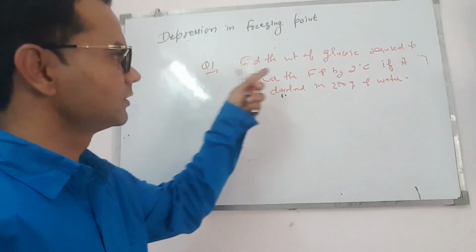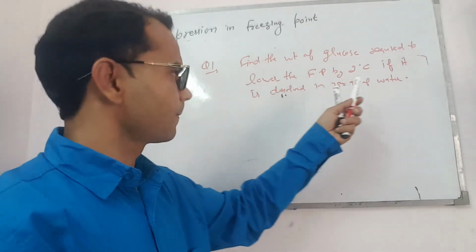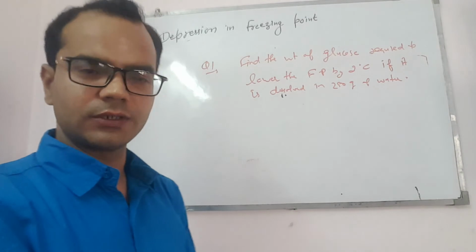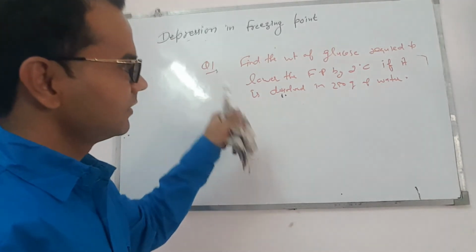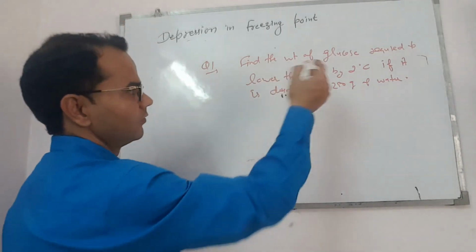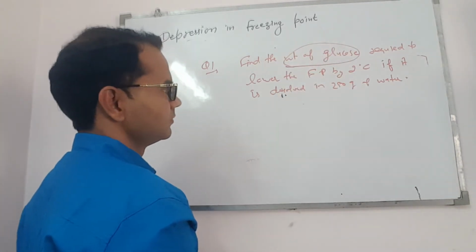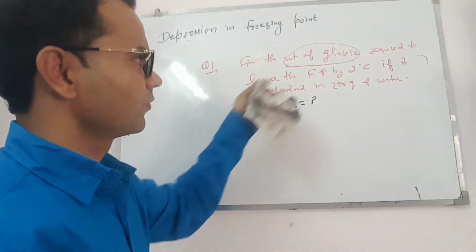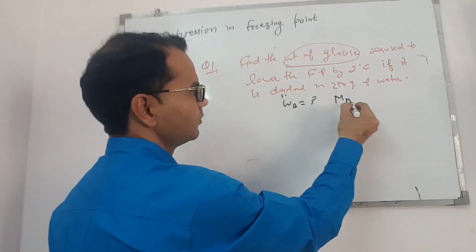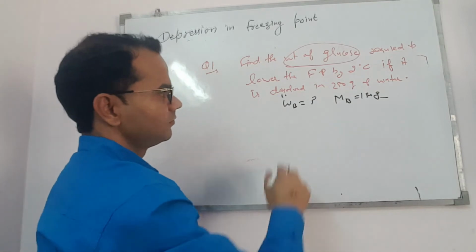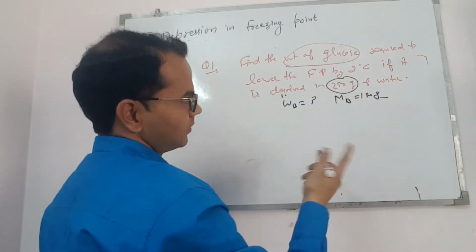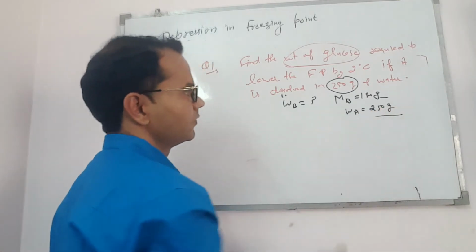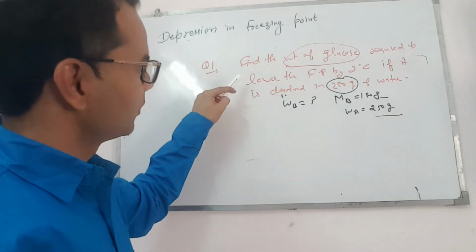So what things are given? Write it. We have to find out the weight of glucose. WB we need to find out. Glucose molecular mass we know, 180 gram. 250 gram is the weight of solvent. WA equal to 250 gram. Freezing point lower by 2 degrees Celsius.